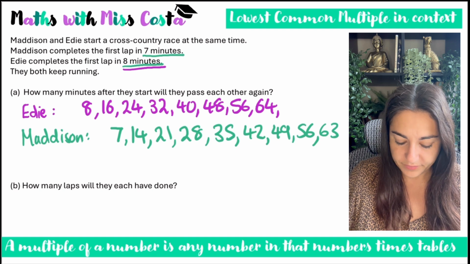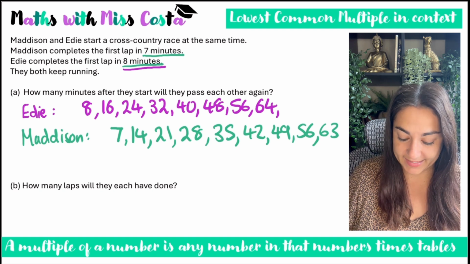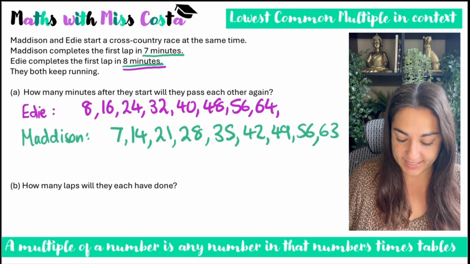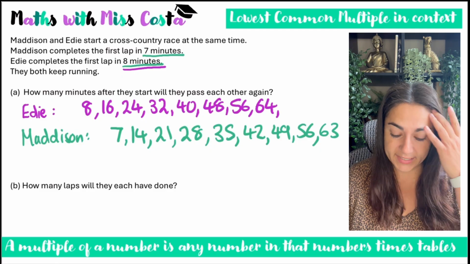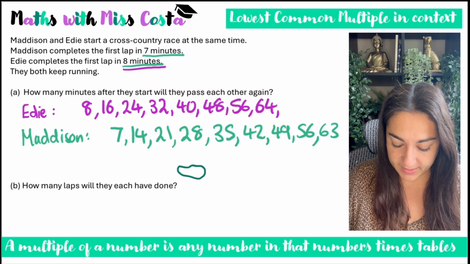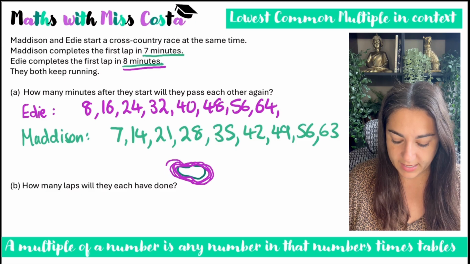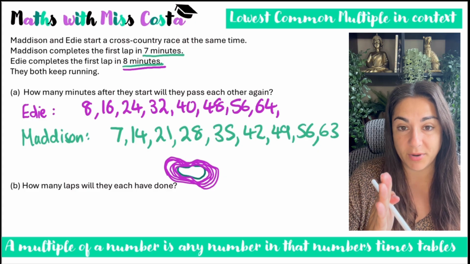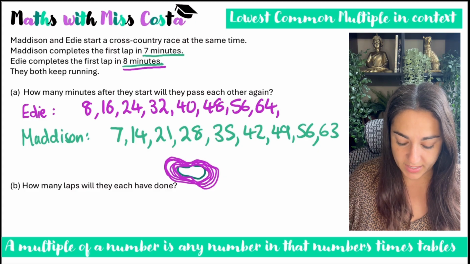Now, what's going to happen with a question like this is that once you list your numbers' times tables, you're going to notice that they have something in common. Edie's going to keep on running, and Madison's going to keep on running, and they're both kind of missing each other. But if they run it enough times, eventually there's going to be a time where they both cross the starting point at the same time.